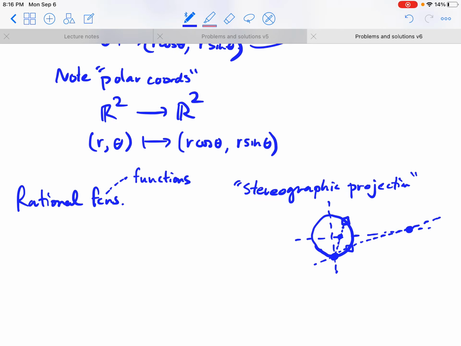If I go to this point, then the line will hit the unit circle there. If I go to the point 0 on the horizontal axis, then it'll hit the point on the unit circle that we'd call the North Pole.